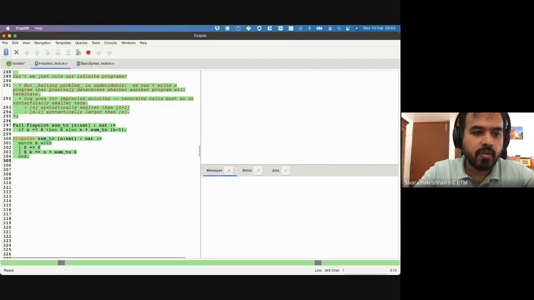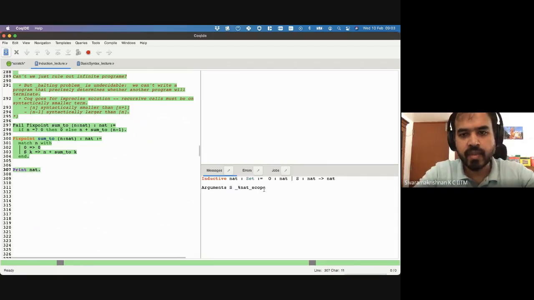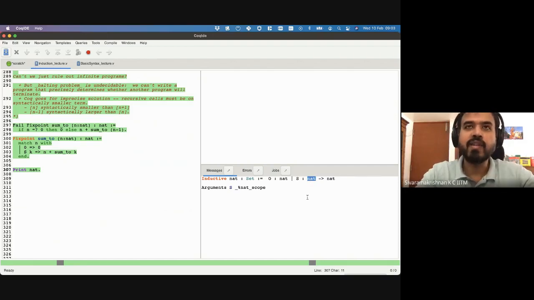So take the type of natural numbers. If you print nat, when you destruct an S constructor, you have a natural number within it, and by definition we are not allowing recursive values and such in Coq. So by definition, this natural number is smaller than the natural number S of nat.